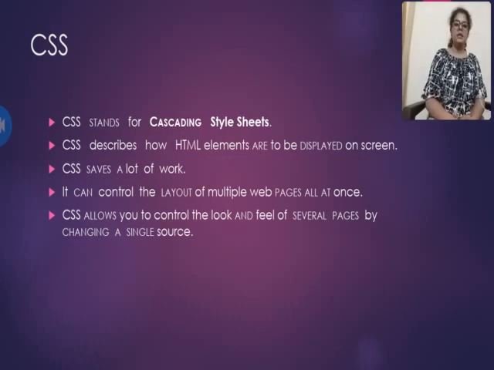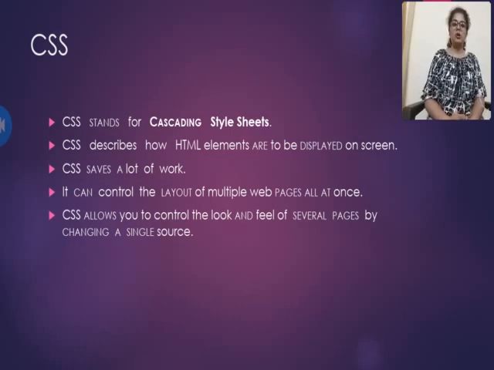So the full form of CSS is Cascading Style Sheets. It describes how HTML elements are to be displayed on the screen. That is how we have to display our web page on a screen so that it must look good.